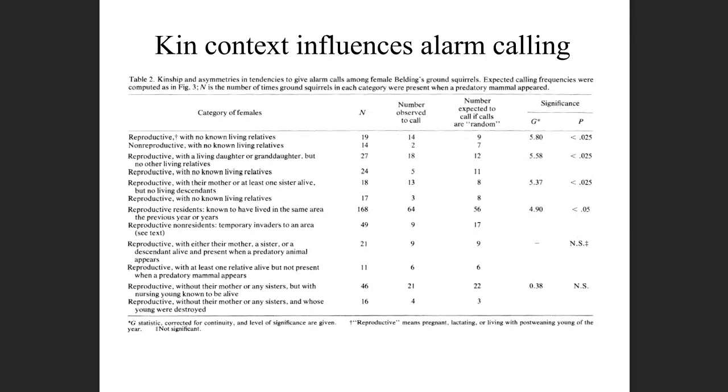But for reasons that people still argue about, in birds males tend to be philopatric and females are the more dispersing sex, and in mammals it's the opposite. Females tend to be philopatric, and males are the more dispersing sex.